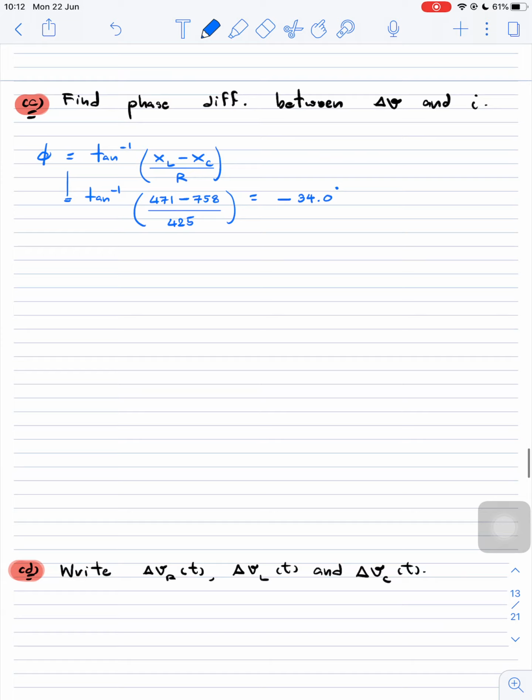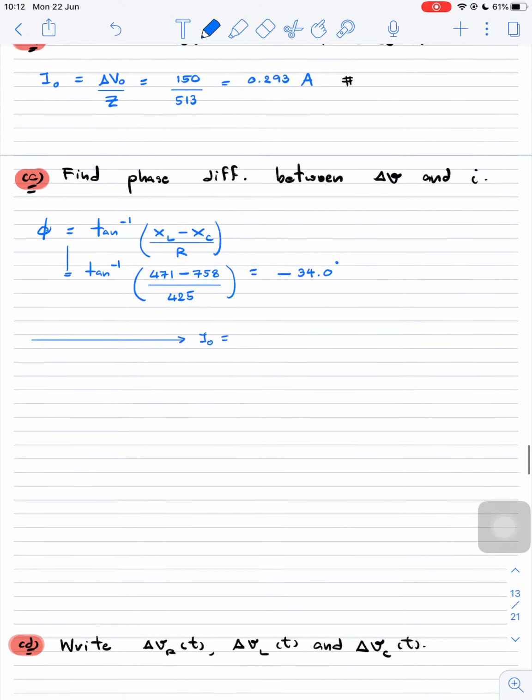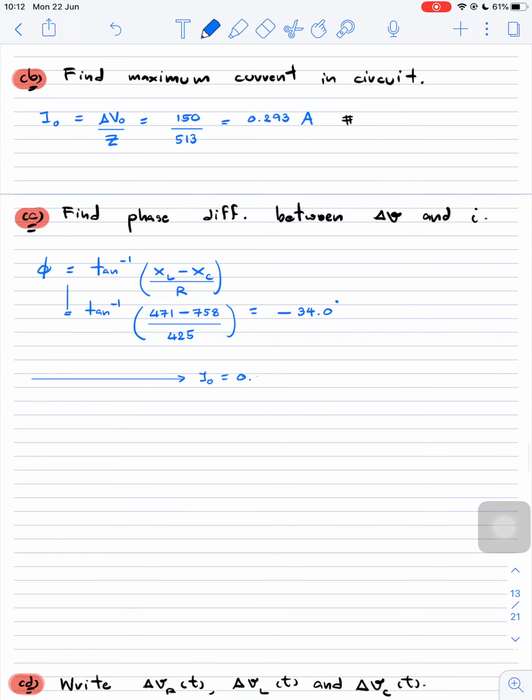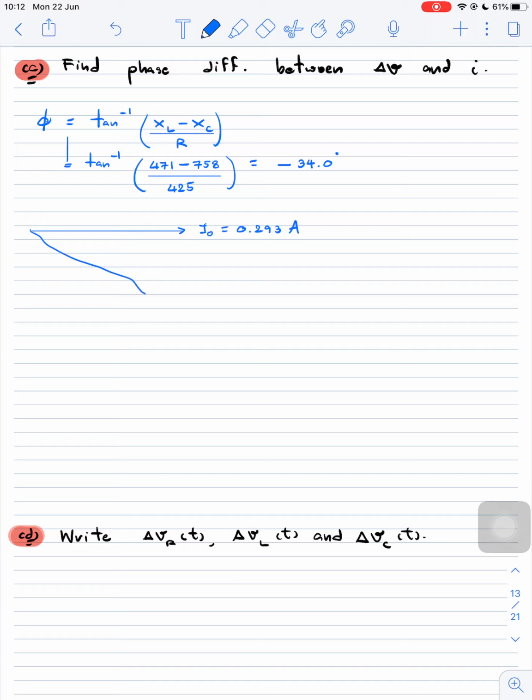So we have here the current equal to 0.293 ampere, and we have delta V naught equal to 150 volts, and the angle between these two is 34.0 degrees.